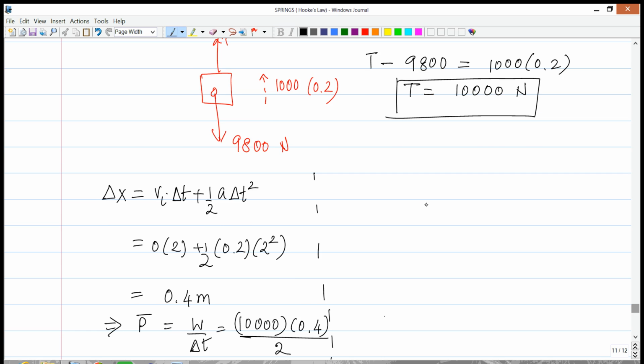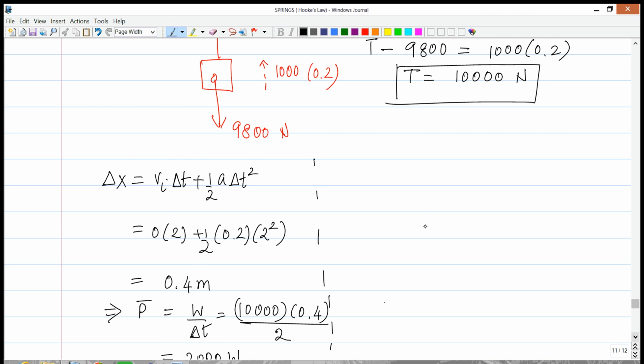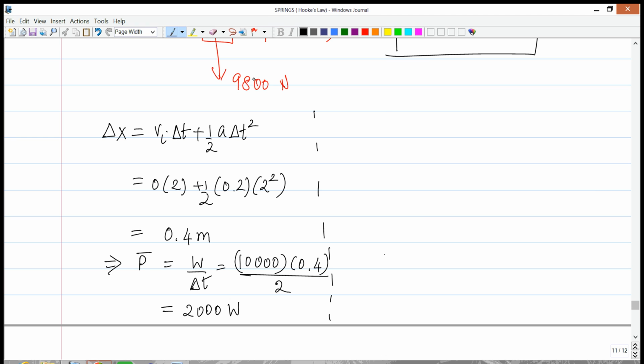Let us just make sure that the other way also gives us the same result. Let us find the final velocity first. We'll use Vf equals Vi plus A delta t, and Vi is 0, A is 0.2, and the time is 2 seconds. So this gives me 0.4 meters per second.